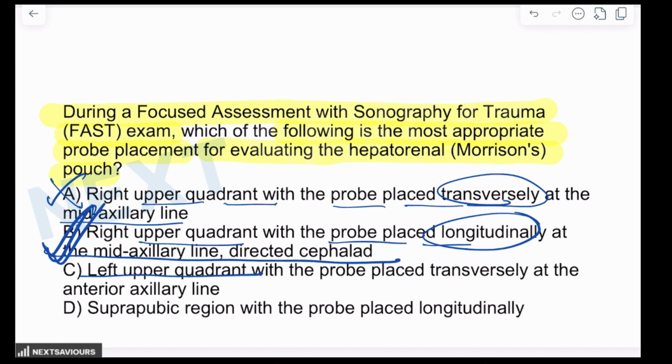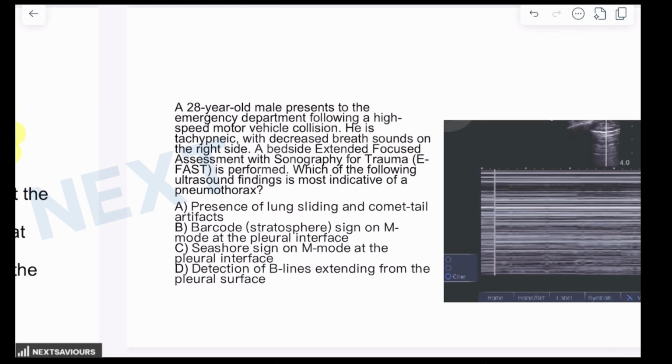The left upper quadrant, as you know, is for the evaluation of the splenorenal pouch. So this option is also incorrect. And suprapubic region with the probe placed longitudinally is for the evaluation of the rectovesical pouch in case of males or the pouch of Douglas in case of females. So this option is also incorrect. So option B is the correct answer for this.